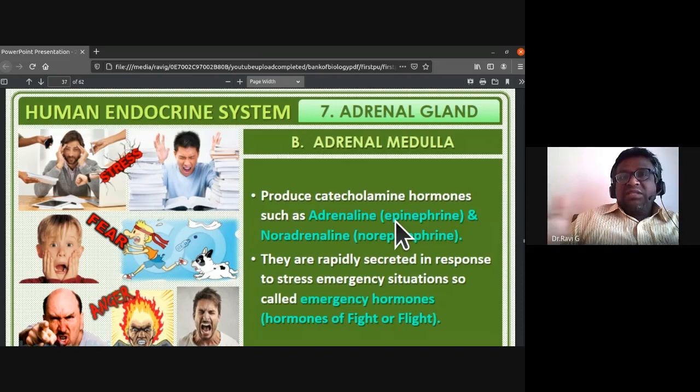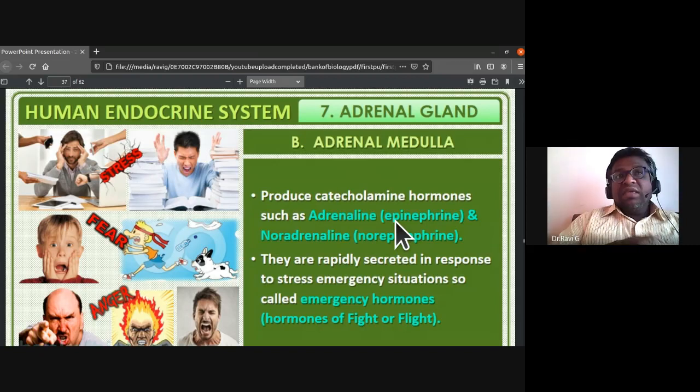After this emergency state, we can't remain in this emergency condition throughout our lifetime. It has to come back to normal. So the heartbeat has to get reduced, the breathing rate has to get reduced, and the pupils should get back to normal constriction. Those happen because of the noradrenaline or norepinephrine hormone.